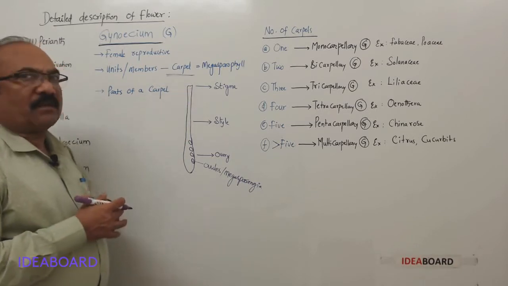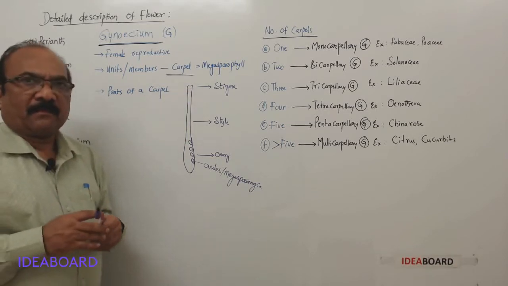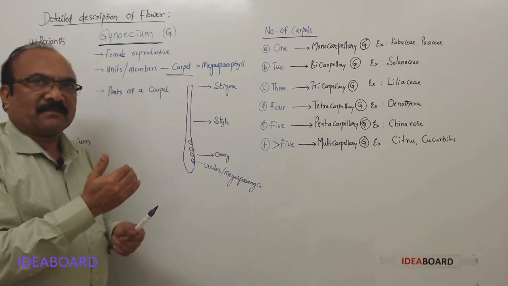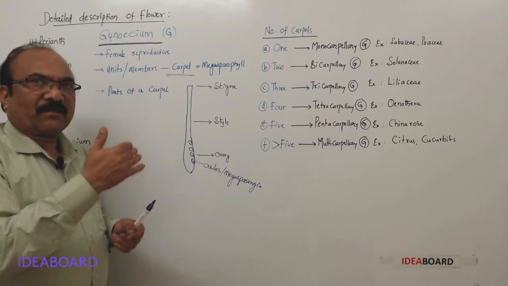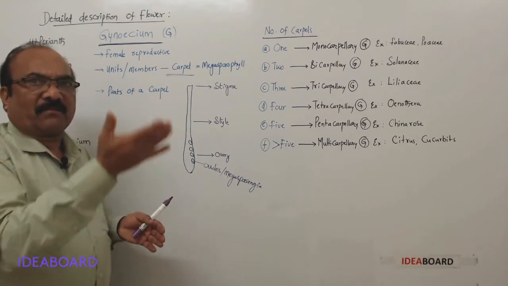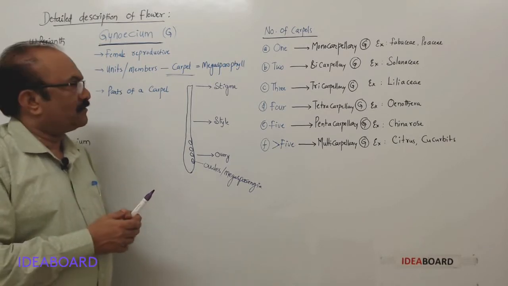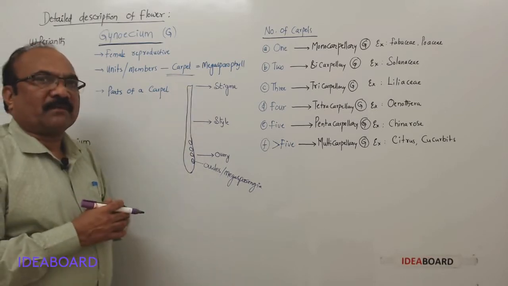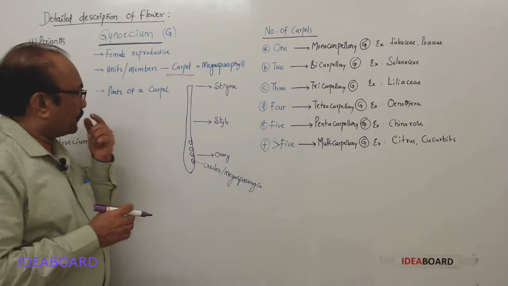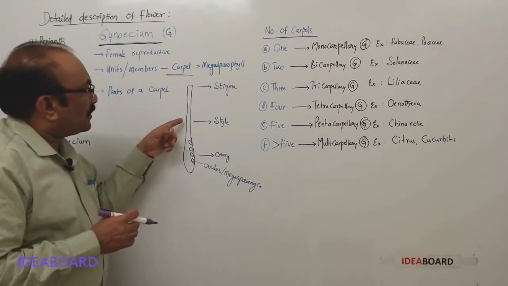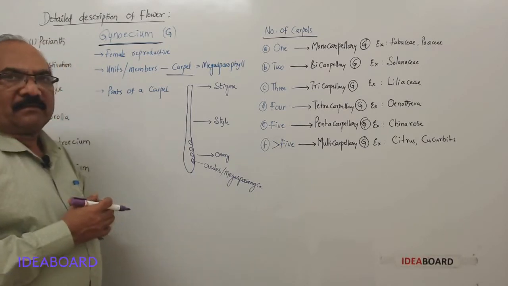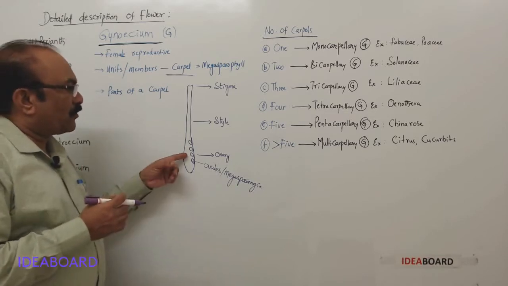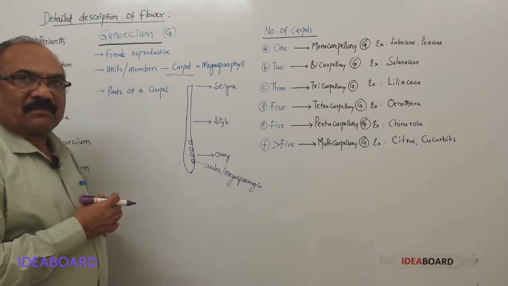So what is the function of this stigma? The stigma will receive the pollen grains from the same flower or from another flower. So it is the receptive part of the carpel. And the ovary, which is the bulbous lower part of the carpel, encloses the ovules.